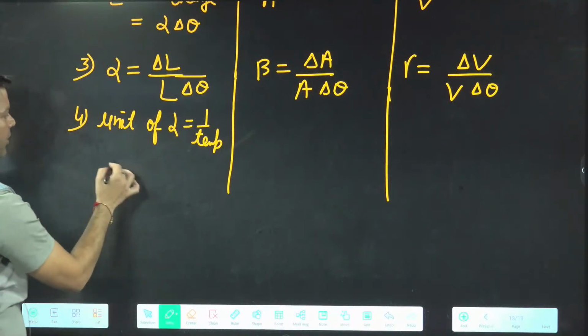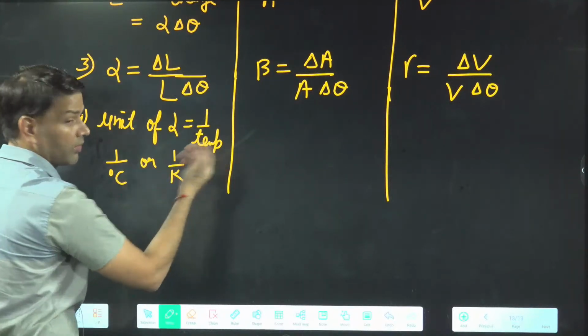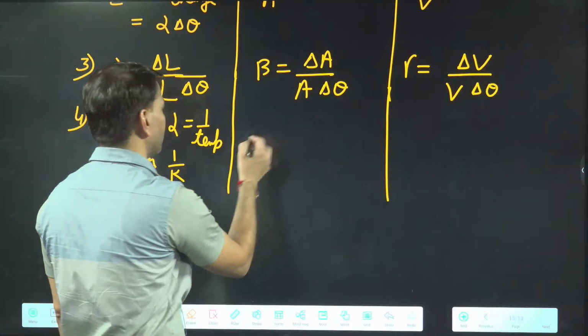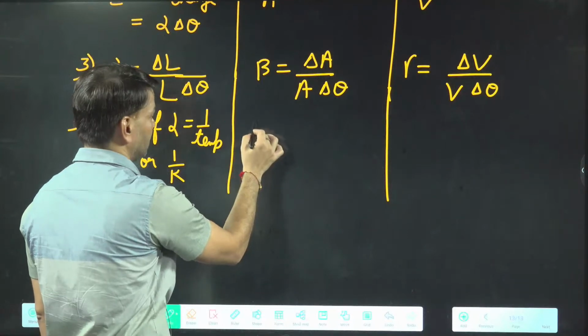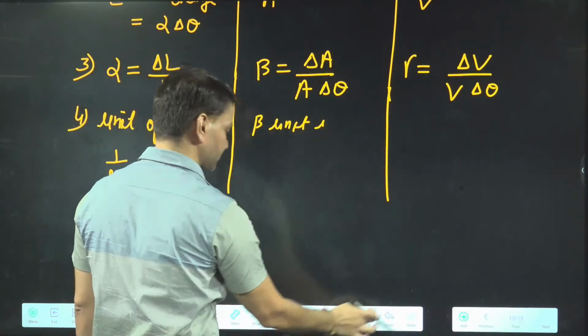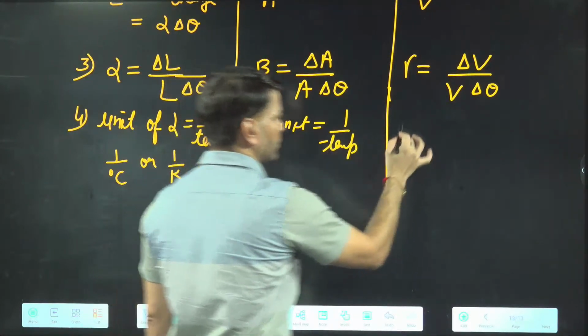Okay, so it may be 1 by degree C or 1 by Kelvin or 1 by Fahrenheit. Similarly, here beta also has the same unit, and gamma also has the same unit.